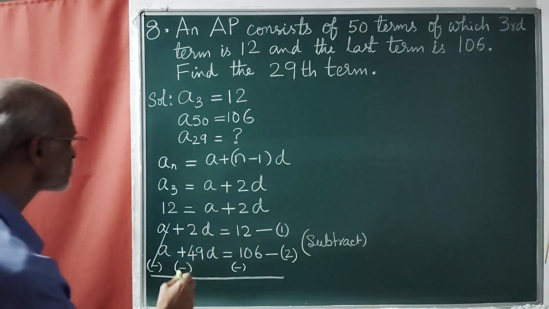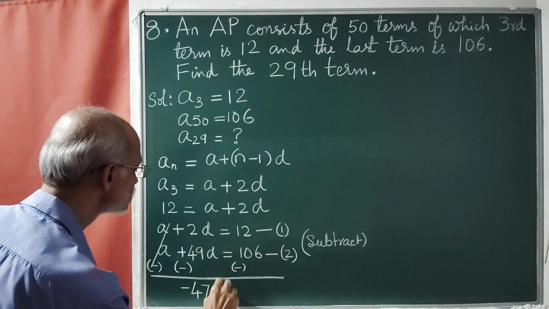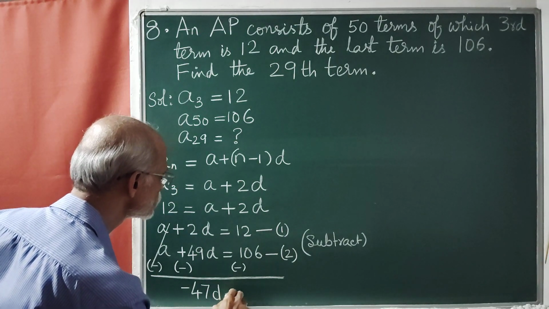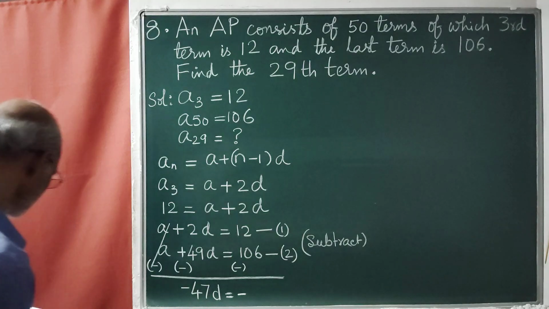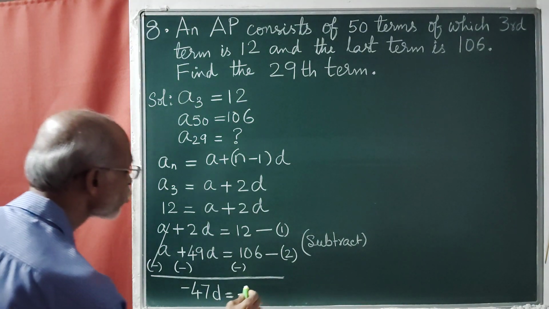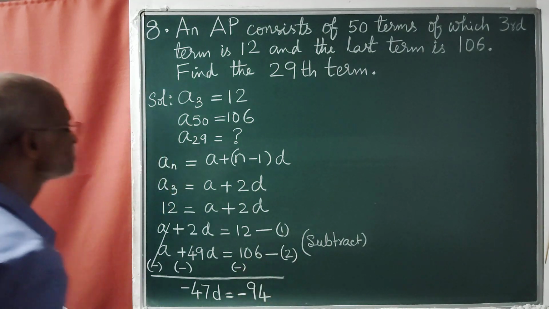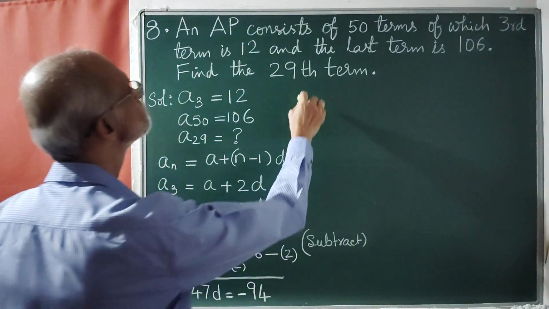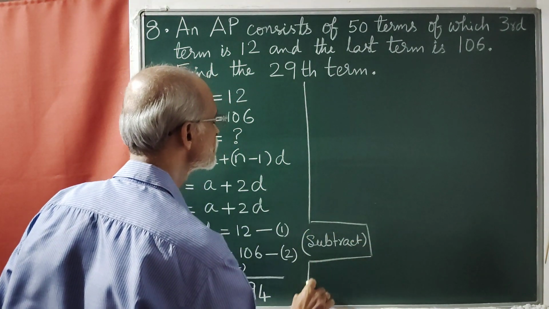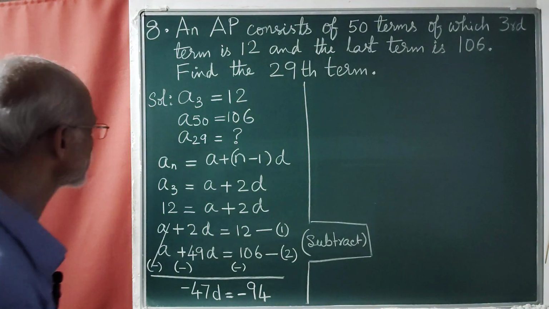So we'll get minus 47D will be equal to minus 94. Now I will divide both sides by minus 47.